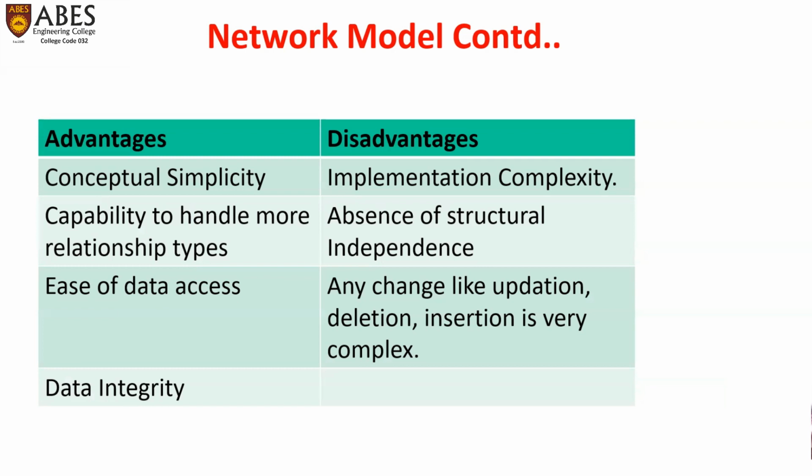So what is the meaning of structural independence? Structural independence means you cannot easily change the structure of your database. If you want to update the structure of a database, then you must shut down the whole database.